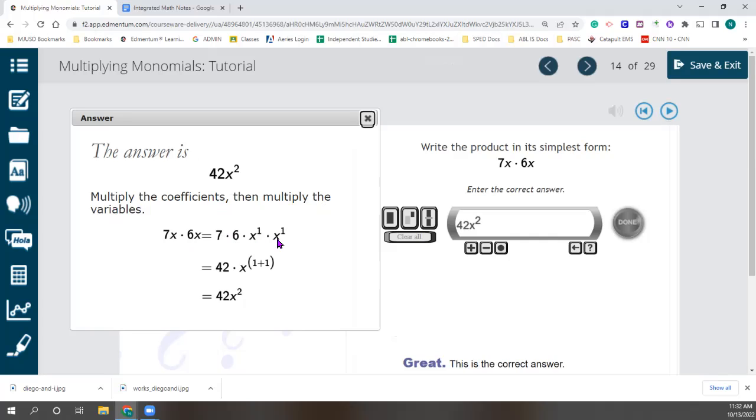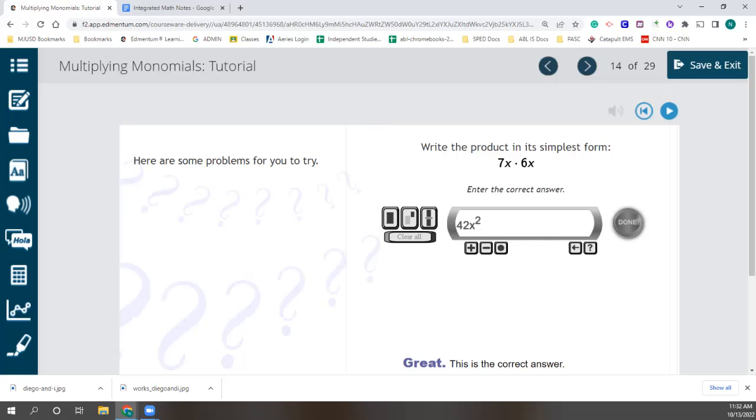X multiplied by x is the same as x to the first power plus x to the first power, which is 2. So exponent 2. It's the same as saying x times x, or x squared. That's exactly what this is. So 42x squared, I got the correct answer. Now we can move on.